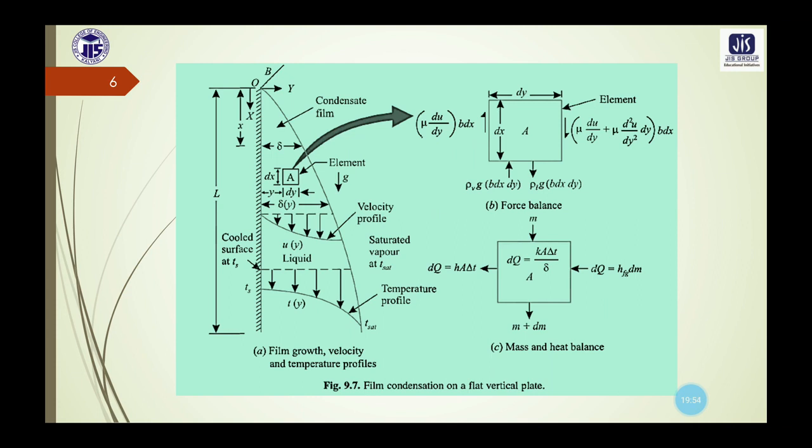That is, on the left side, in case of the force balance, what will be the expression on the left side of this elementary volume, and the expression on the right side of this elementary volume, considering the viscous shear force on this element and considering the gravitational force on this element. These are written here.